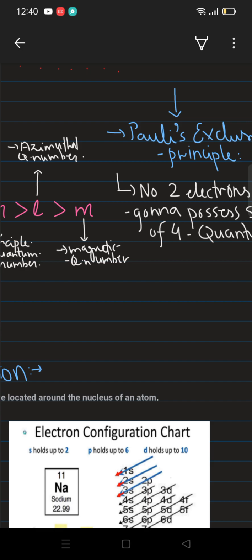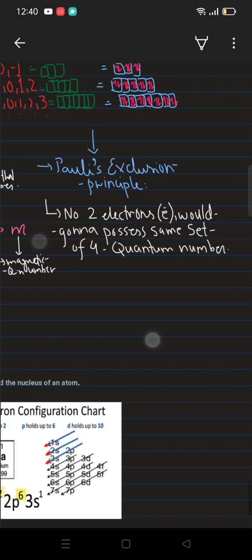Afterwards, we discussed Pauli's exclusion principle, in which he said that no two electrons can possess the same set of four quantum numbers. If I have two electrons, they can have three same quantum numbers: the same principal quantum number, the same azimuthal quantum number, even the same magnetic quantum number, but their spin would always be different.